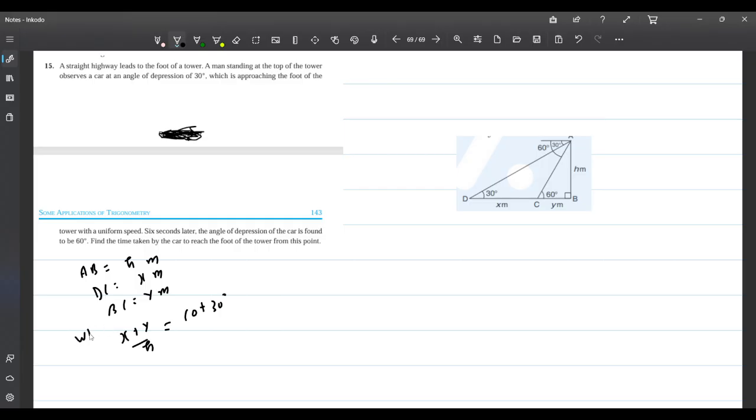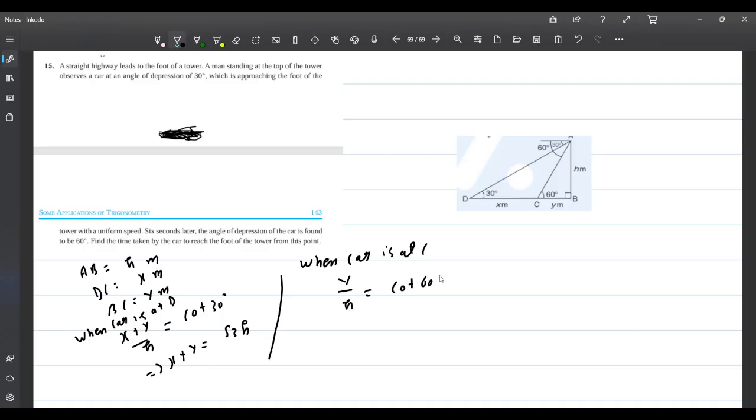When the car is at D, this is equal to X plus Y is equal to root 3 H. Now when the car is at C, so this is equal to Y upon H is equal to cot 60 degree.